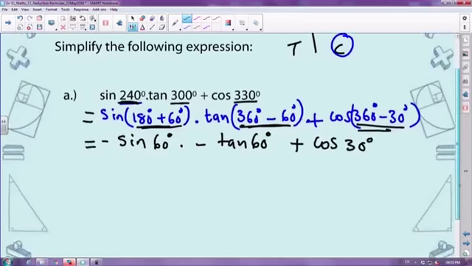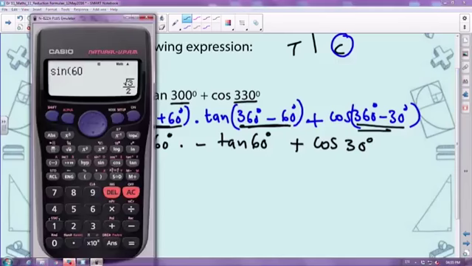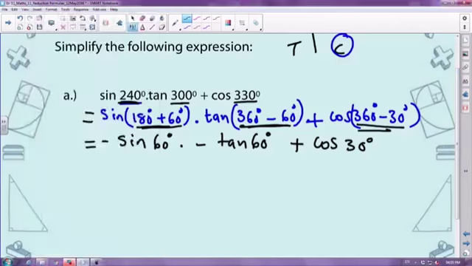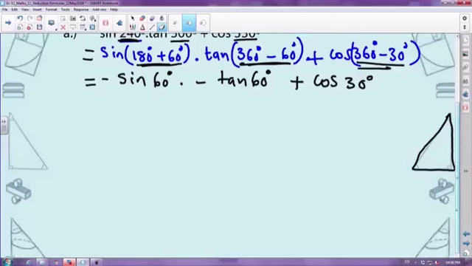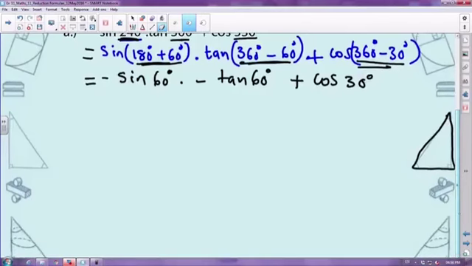Okay. Now, guys, you go back to our special angles. Remember, I need to take out the triangle. Let me use this one. Oopsie.